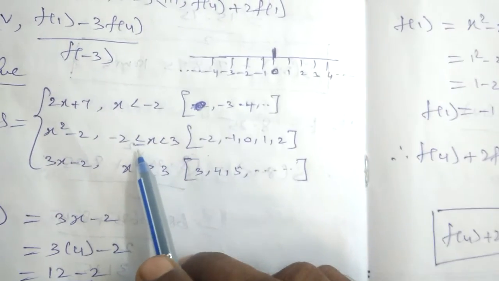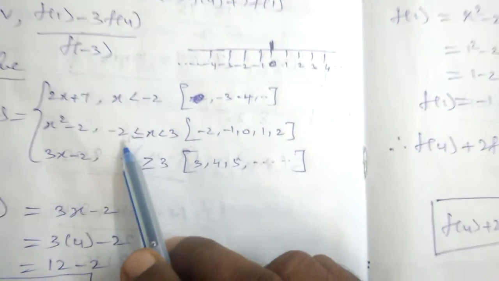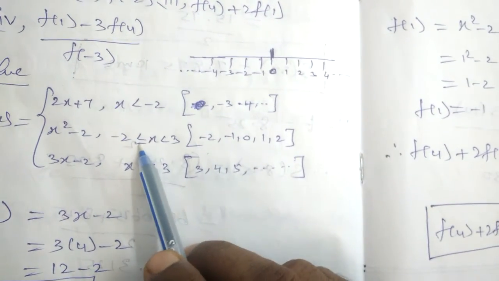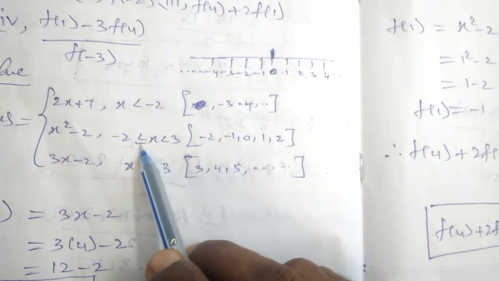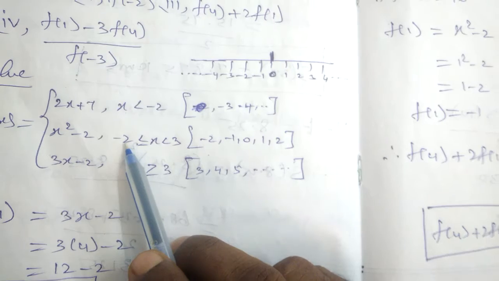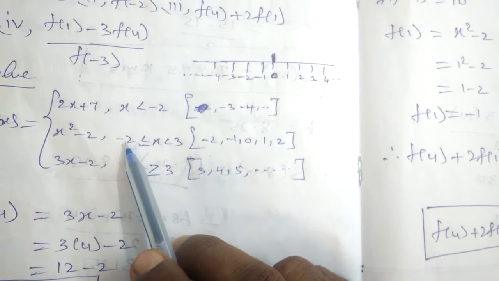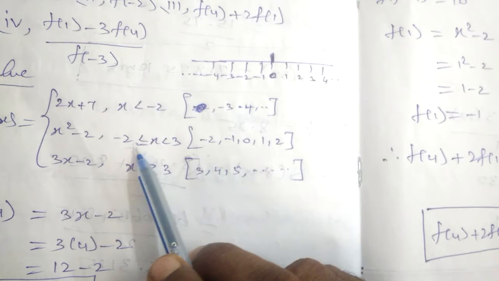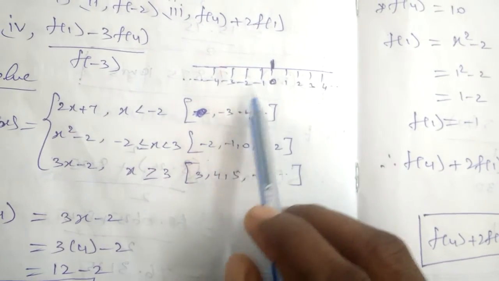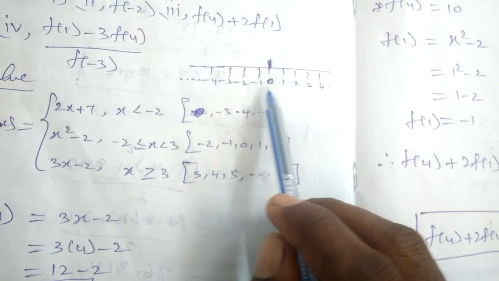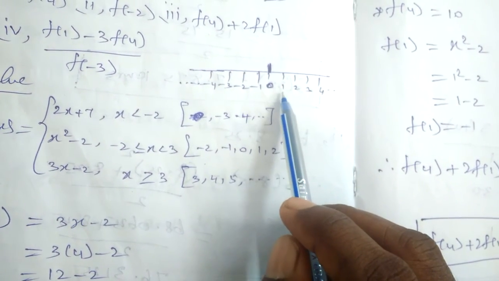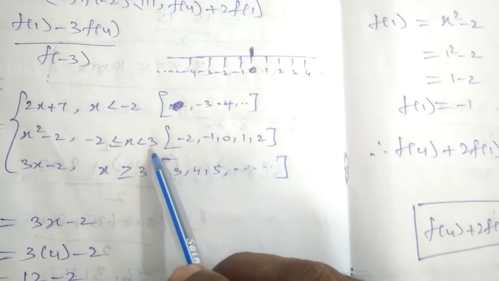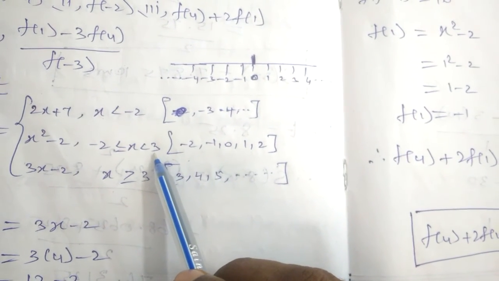The second condition, greater than minus 2 and including minus 2. The equal symbol says include the minus 2. So minus 2 and the next greater numbers minus 1, 0, 1 and 2, up to 3. Do not take the 3.